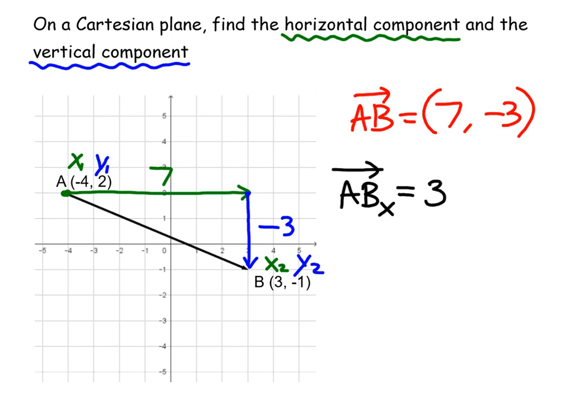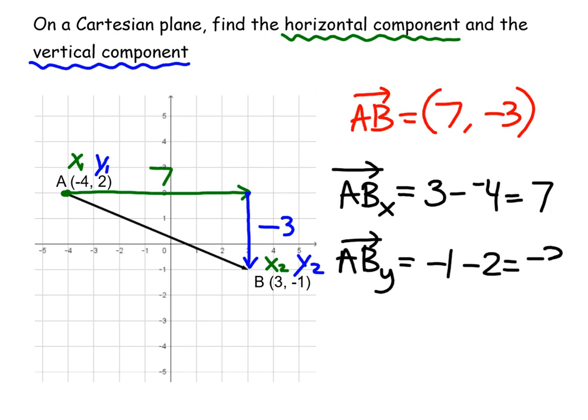It would be 3 minus -4, which is equal to 7. If you're doing the AB component y, then you start with your -1 minus 2, which is -3. So you have two options to find your solution. Look on the graph and draw, or you can use your coordinates.